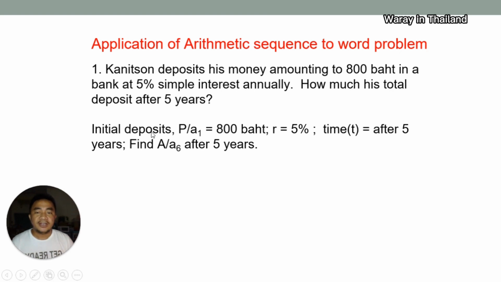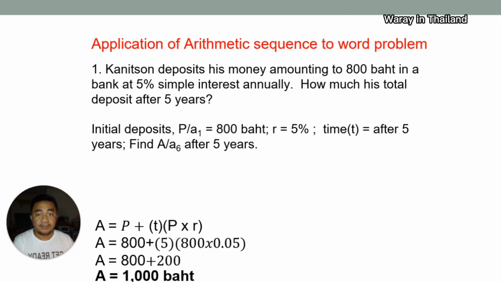Now, the initial deposit, P, or the first term, is 800 baht. The rate is 5%, and the time is 5 years. We're going to figure out the value of a_6, the total money after 5 years. That's the given.